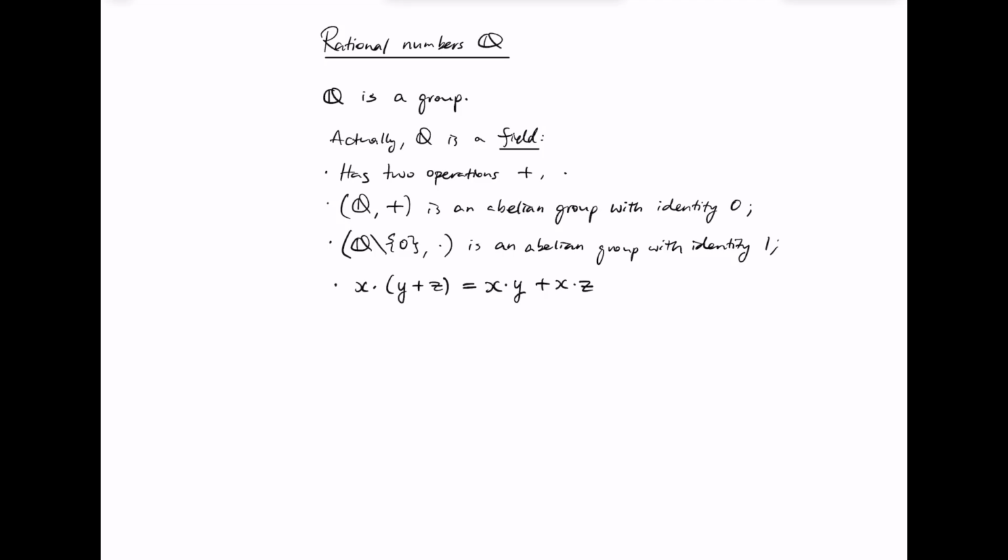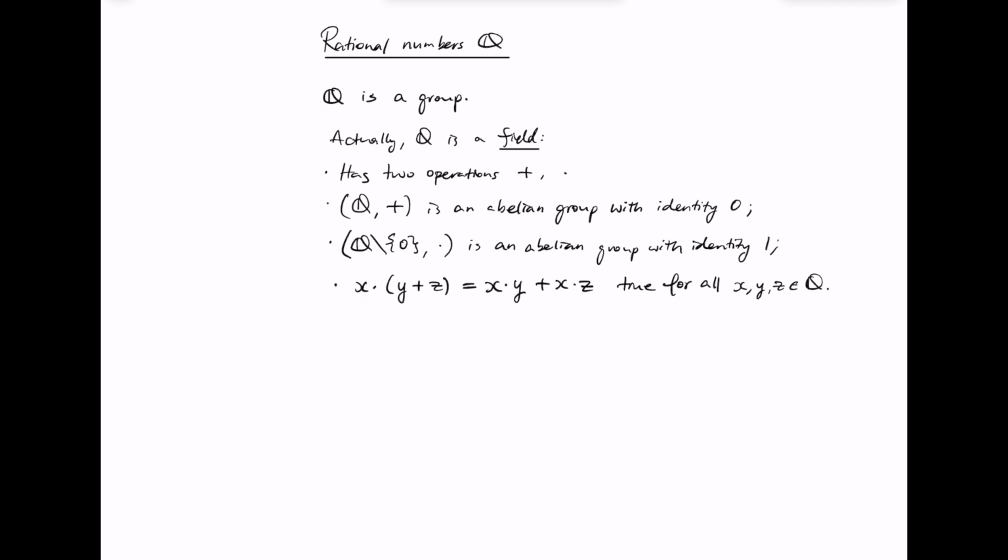And this is true for all elements x, y, and z inside this field Q. So that's basically a field. These are just abstract ways of talking about properties that we all know and love.